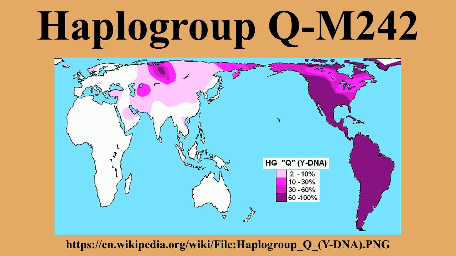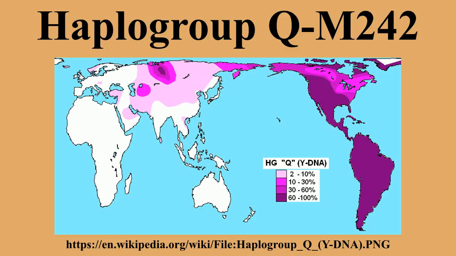Q-M242 is found in about 2% of Russians, 1.5% of Belarusians, 1.3% of Ukrainians, 1.3% of Poles, 2% of Czechs, 1.5% of Slovaks, about 2.2% of Hungarians, 1.2% of Romanians, 0.8% of Moldovans, and 0.5% of Bulgarians.